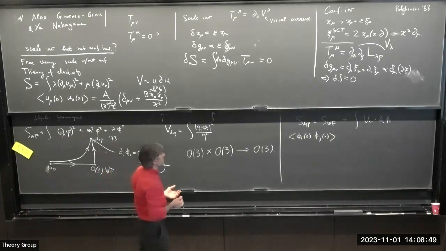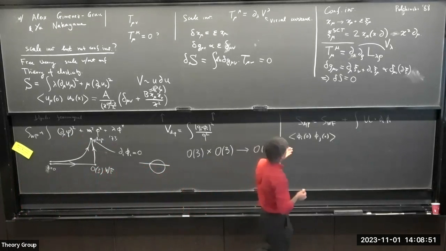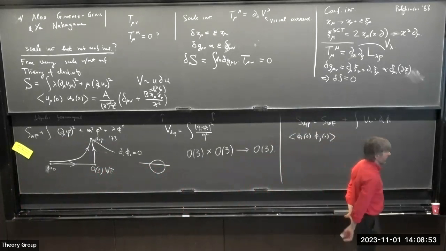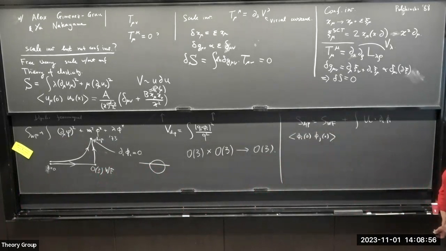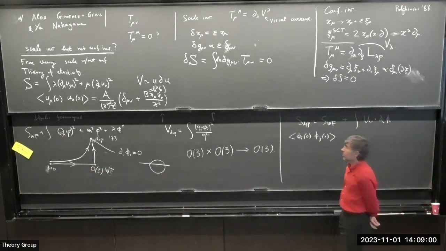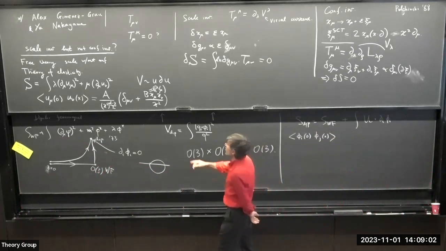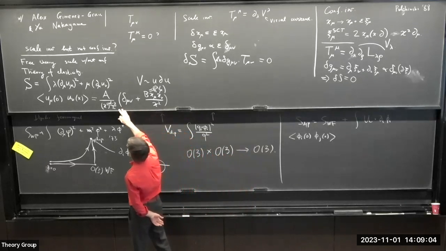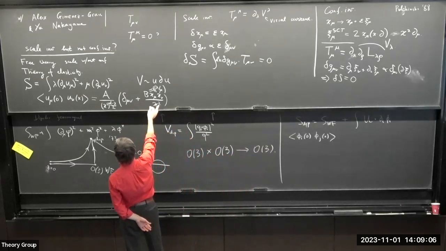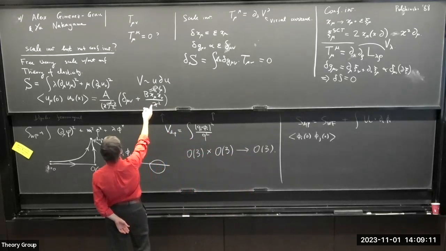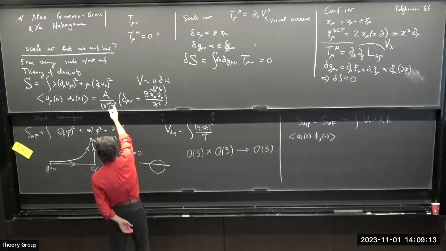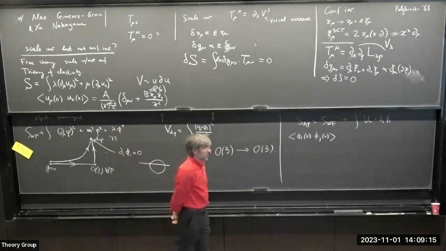So you already see where I'm going. Let me compute the 2-point function of this field phi_i. It's a vector field, so the 2-point function is going to have more or less the same structure as before, with some linear combination of delta_mu, and there's going to be a scaling dimension here.